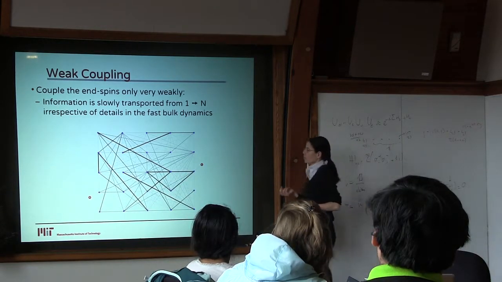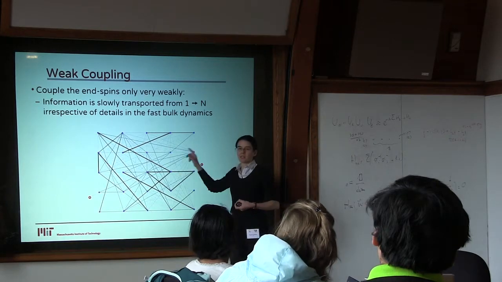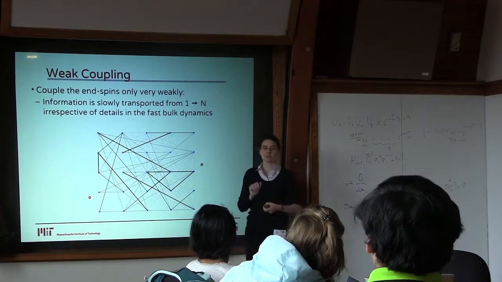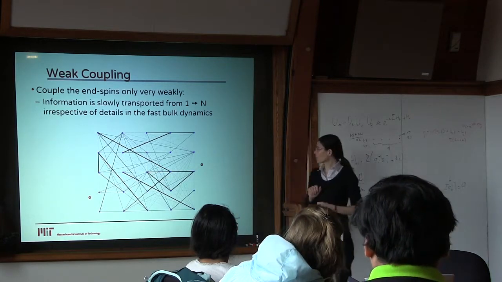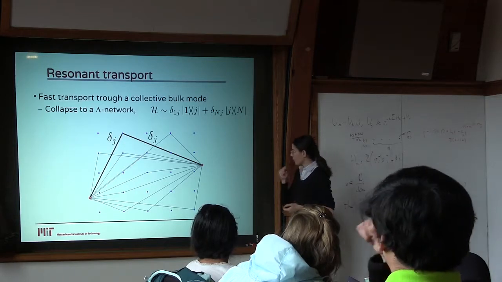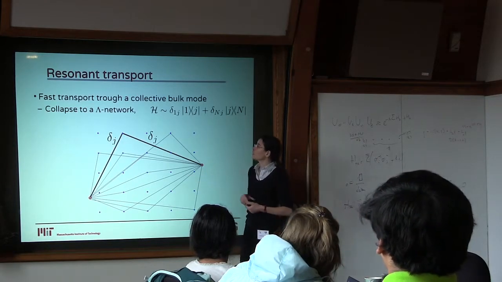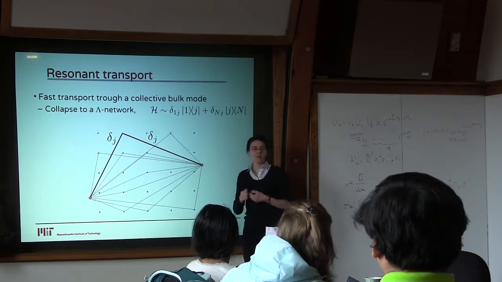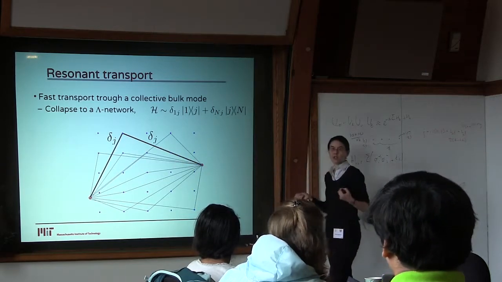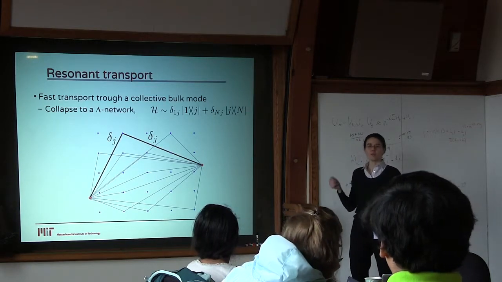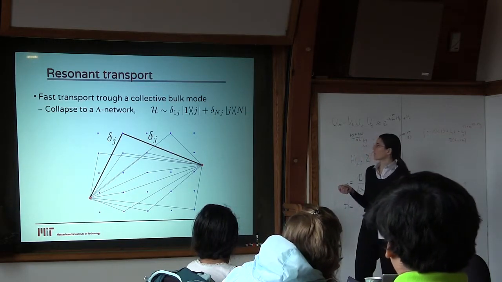So irrespective of what the details of the dynamics inside are, you can still try to achieve perfect transfer between these different couplings. What it turns out is that you're effectively trying to connect your 2 spins to a collective bath mode of all the other spins here. If you have a linear chain, even with some disorder in the coupling, you can do this in a very efficient way.